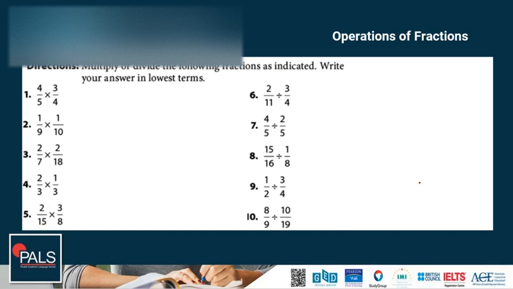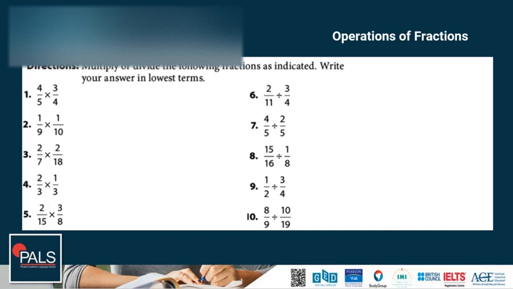Again, you can pause the video. You can try answering the questions from number 1 to number 10. Then afterwards, when you're finished answering, you can continue the video and check your answer. Here are the answers.